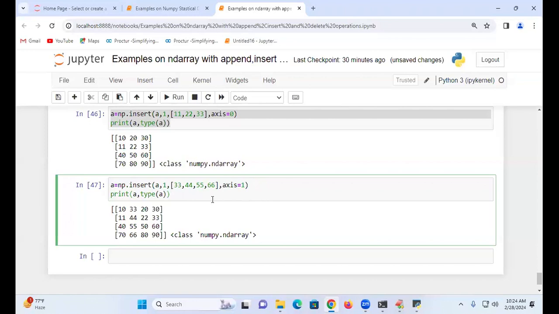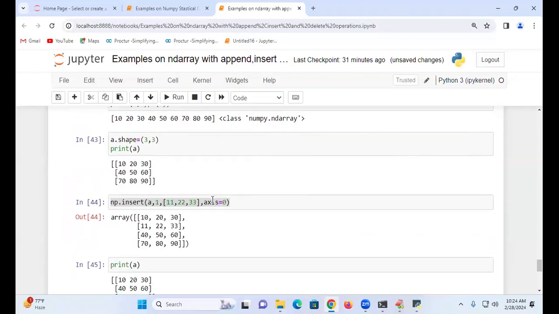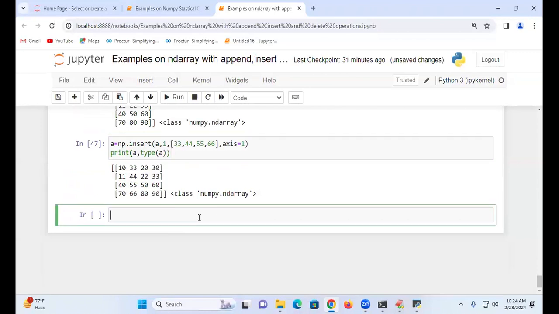Next I will go next. Shall I go to next? So which operation? Delete operation. So with insert and append, wherever you like, you can insert the data. Now you will get a doubt, even I will also get a doubt: how to insert the data in multi-dimensional?